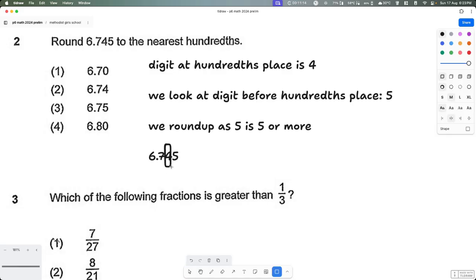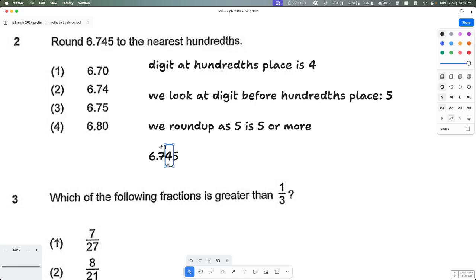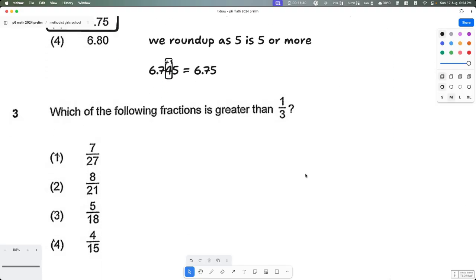Let me put a rectangle so it's easier to see. The hundreds digit stays the same, and this would then be equal to 6,700. So the answer is option number 3. There you go. All right, let's move on to question number 3.